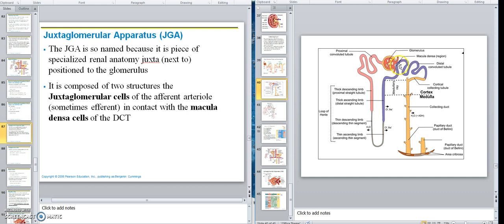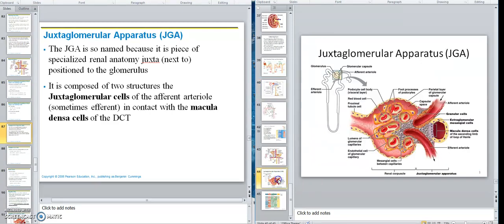And it's that touching, those two, with those specialized cells, juxtaglomerular cells in the afferent arteriole, and macula densa, specialized taller cuboidal cells in the distal convoluted tubule, that touch and make up the juxtaglomerular apparatus. So that's what you're looking at. That's what you're seeing here.